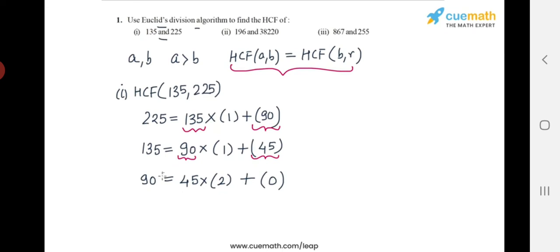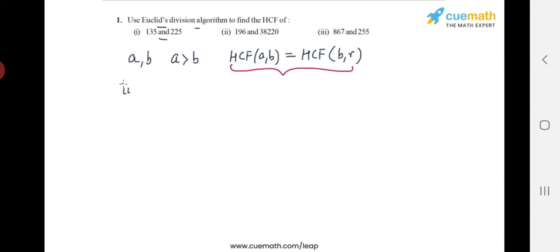So because the remainder is now 0, the division algorithm terminates at this stage. So the divisor at this stage is 45, and hence the HCF of 225 and 135 is 45. So this is the answer to the first part.